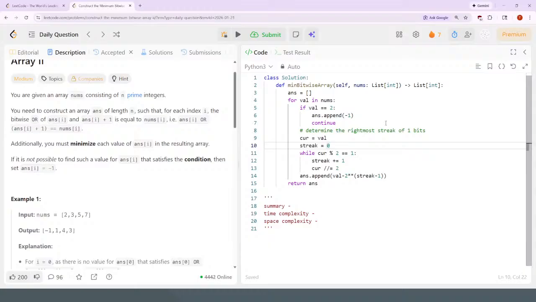Streak is always going to be at least 1, so it's going to be 2 to the power of 0, which is 1. What if I kept just the power that I'm dealing with? Power starts at 1, and then power increases by a factor of 2, and then just change value minus power.